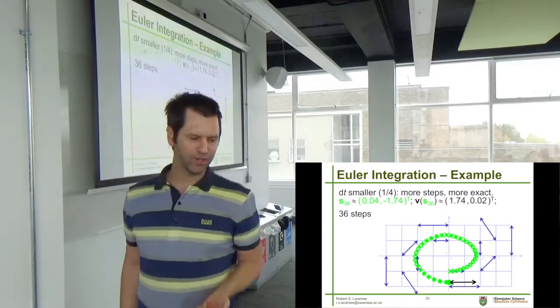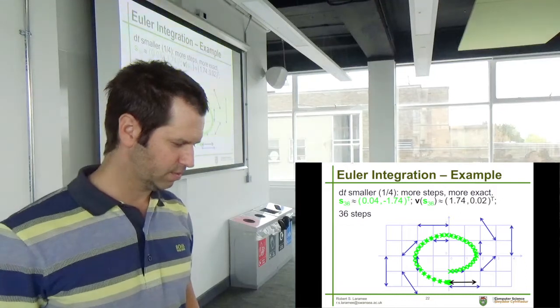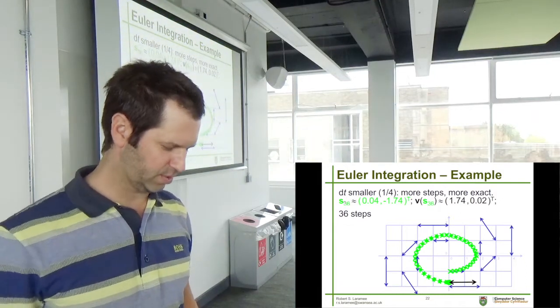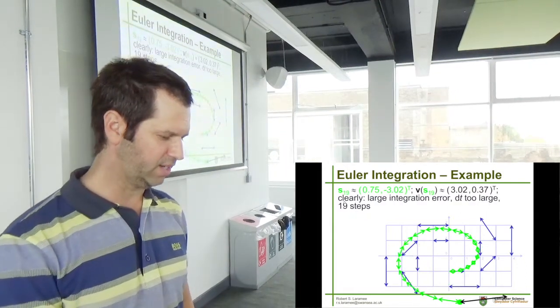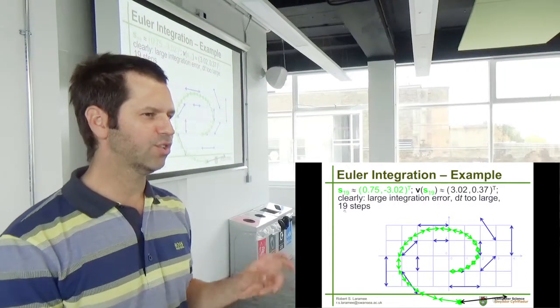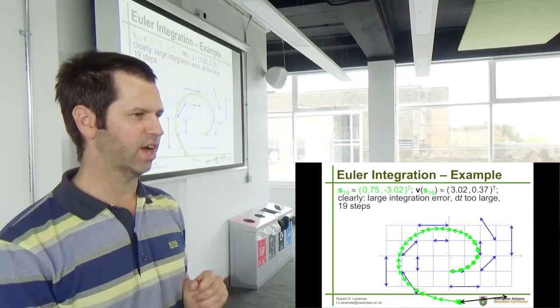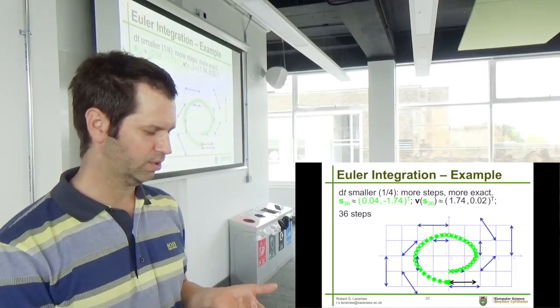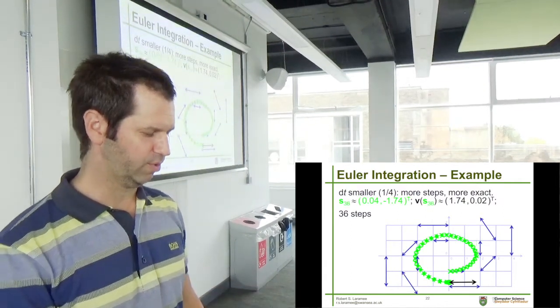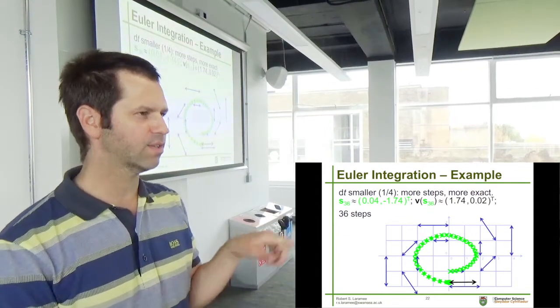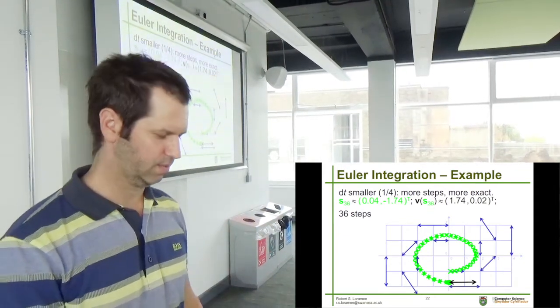But it requires more steps, right? 36 steps, whereas this one was 19. So it's just a trade-off between accuracy and performance time, because it's going to take longer to compute 36 iterations than 19.